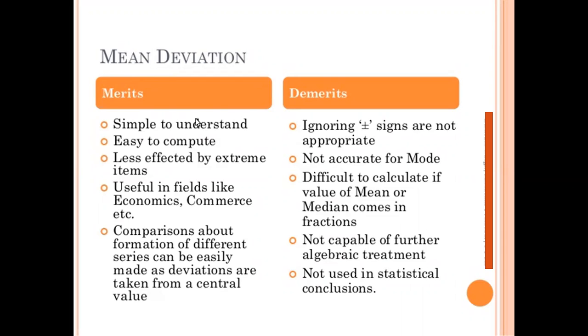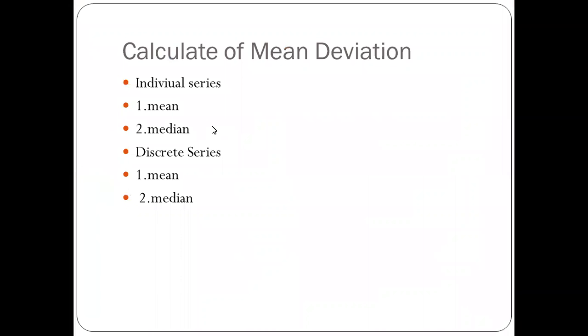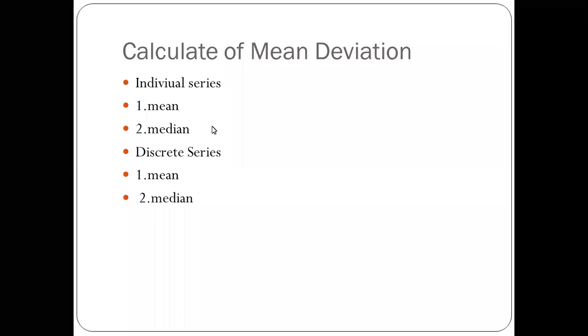So now start with the individual series. Basically there are two sections, mean and median, in the individual series and also in the discrete series. So let's start with the individual series, that is mean and median.